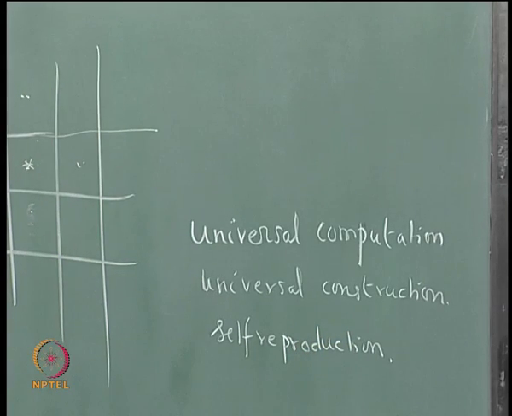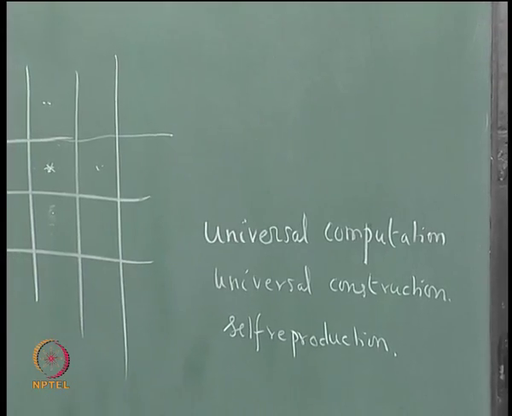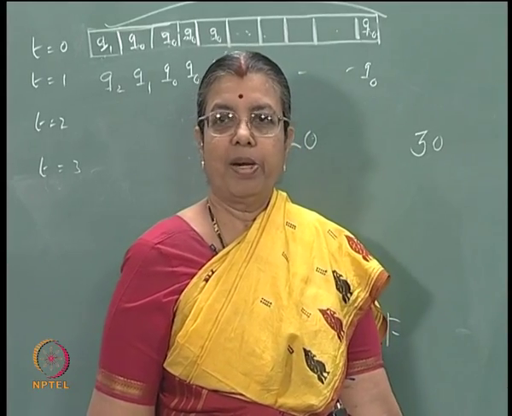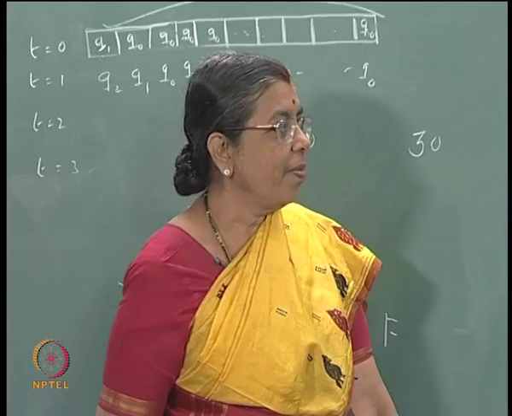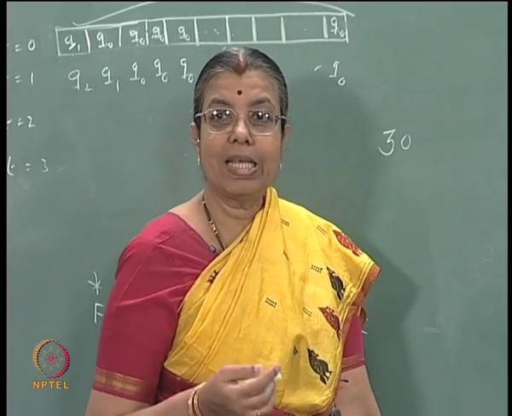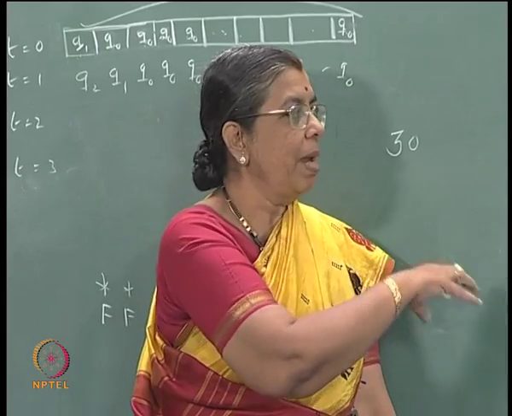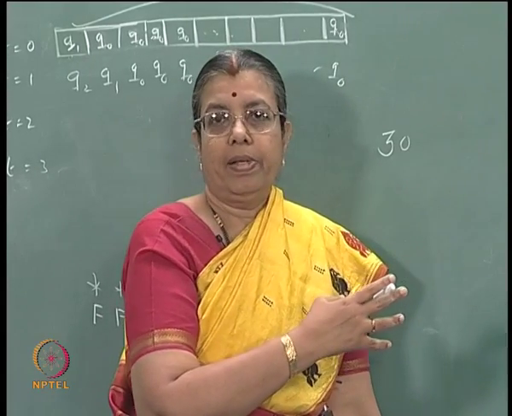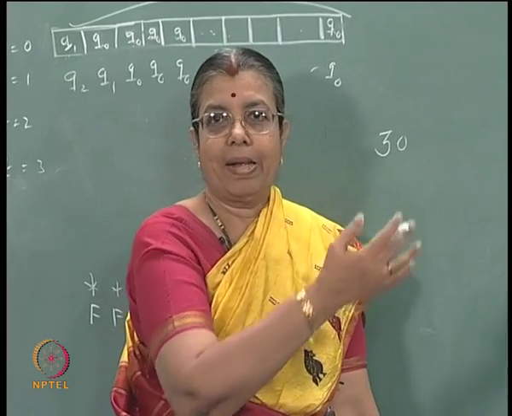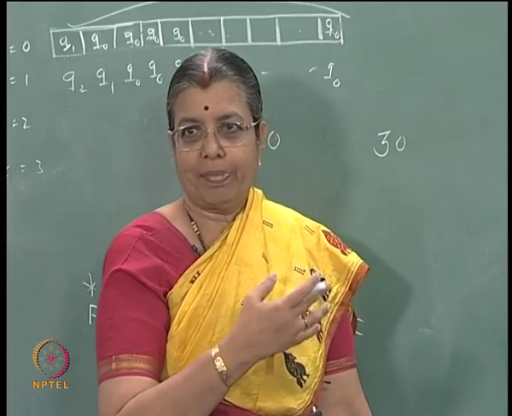Universal computation is like a universal Turing machine, it can compute any computable function. How can you do this with a cellular automata? Universal construction is, given some basic non-blank portion here, you can construct the moves of a Turing machine or something like that.